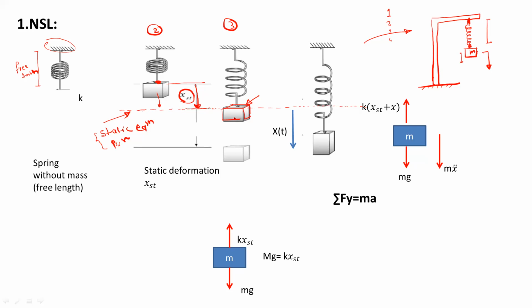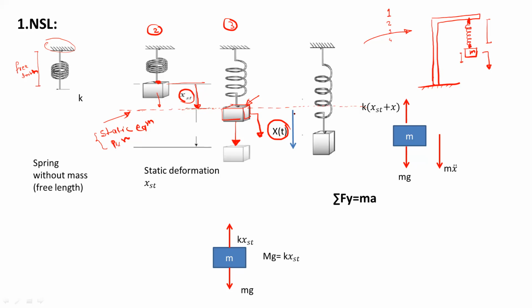After this, you need to provide some excitation force or excitation displacement. This excitation force is provided to the mass. It will cause some extra deformation. You can see here, this is the x of t, the externally provided displacement.